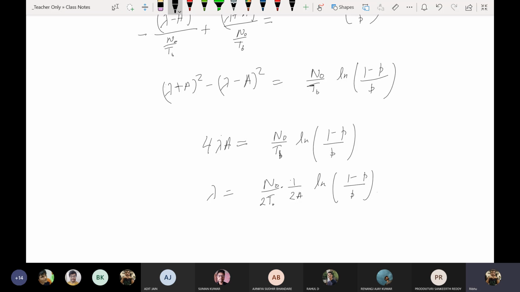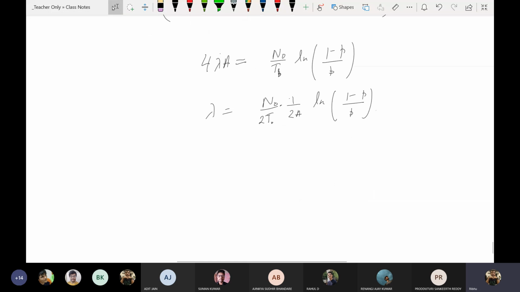So this is the optimal threshold, which minimizes the probability of error. But in your textbook or Simon Haykin's textbook, they only deal with the case p equals half. So when p equals 1 minus p equals half, this term becomes 0. So lambda equals 0.